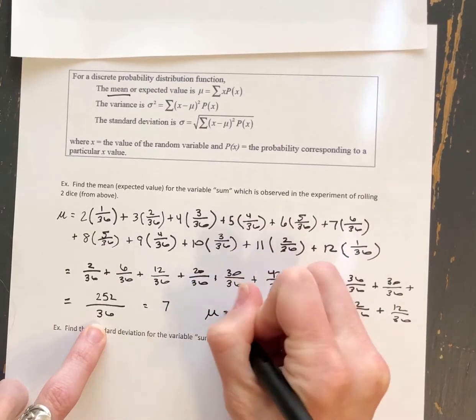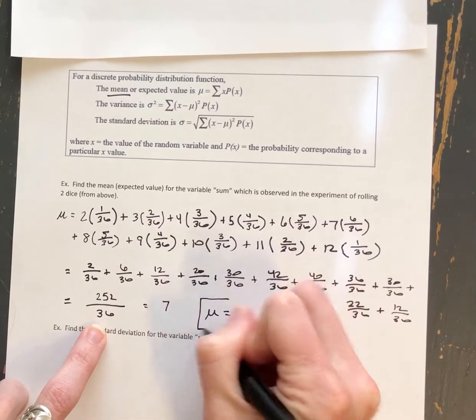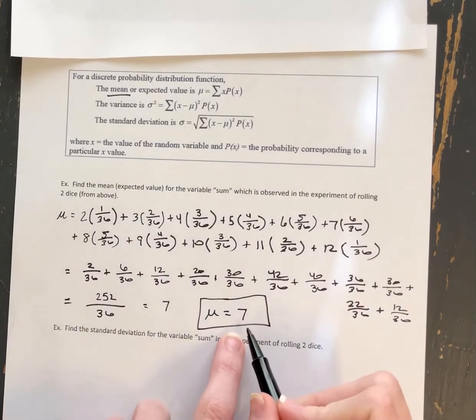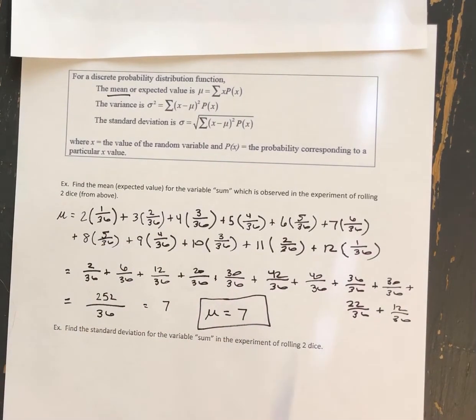And so the mean or expected value is 7. And what we're saying there is that is the long-term average sum that we should expect if we're rolling a pair of die. So if we're rolling 2 die and we're observing the sum that occurs each time and we average out the sums long-term, on average the sum will be 7.